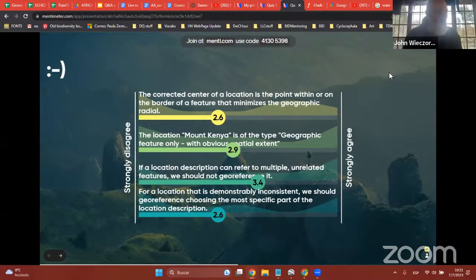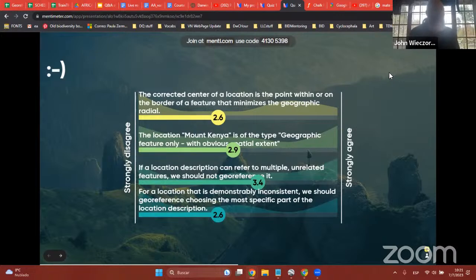And one way that you could maybe determine or ask yourself if it makes sense to georeference or not is to think about those features. So an example of unrelated features is the following. You have a town in a country, but it turns out that that town name is actually represented in 3 different places in the country. There are 3 different towns by the same name.